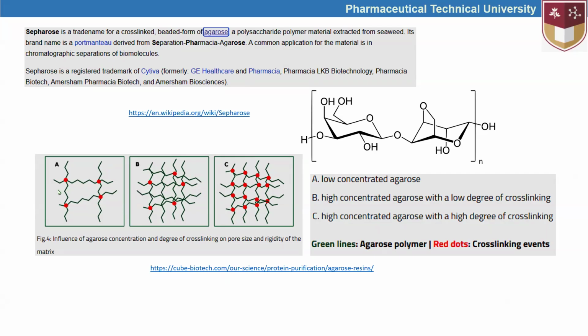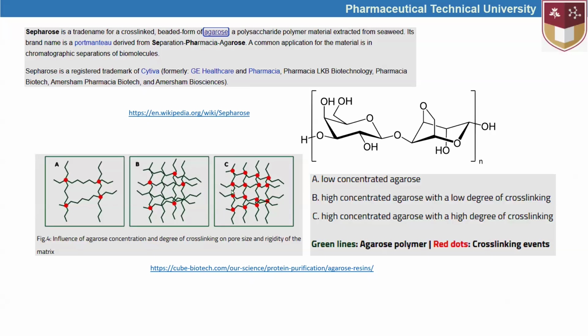And here we can see the differences in A, B, and C examples. Here it is in low concentration, and in B figure, here we can see high concentration of the agarose with low degree of cross-linking. If the degree of cross-linking is high, the pores can be, let's say, more stable, so they can be more effectively used for the separation of smaller sized proteins and peptides. Here we can see the differences between the cross-linking levels.